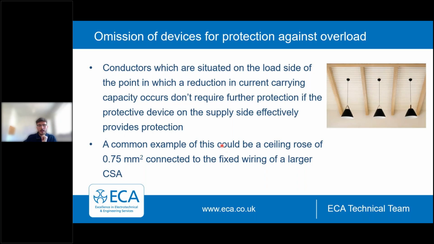And then there could be a situation where a ceiling rose is connected, and the flexible cables coming down from the ceiling rose may be of a reduced cross-sectional area of 0.75mm flex, but providing this flex was suitably rated, say for the 6-amp protective device, then it essentially would be effectively protected against overload. So no further requirements for an overload protective device, as one example.